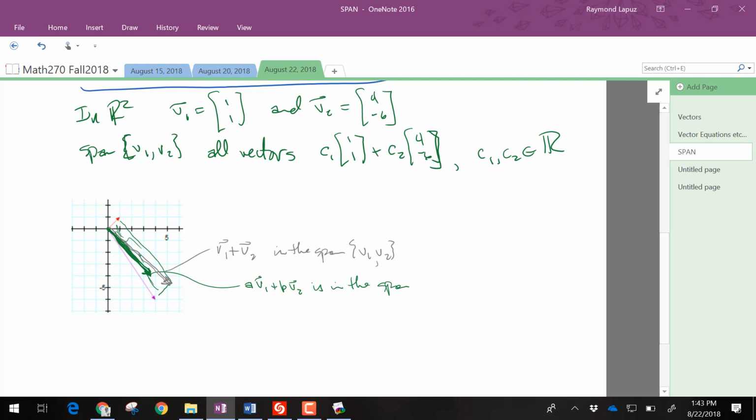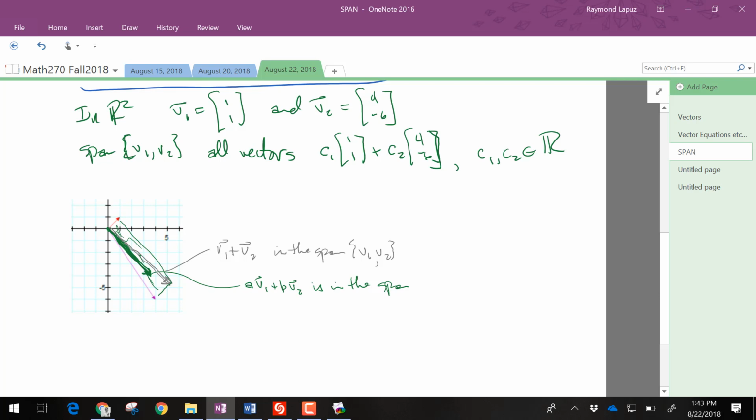Well, if it was 1 and 1, then we would get exactly the diagonal. Let's throw a couple of guesses here. Approximately, for this green vector that I just drew. Yeah, so it'd be less than 1 for both.